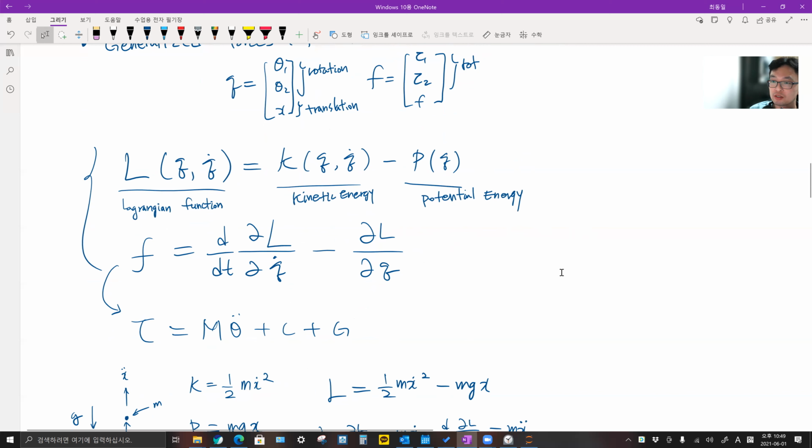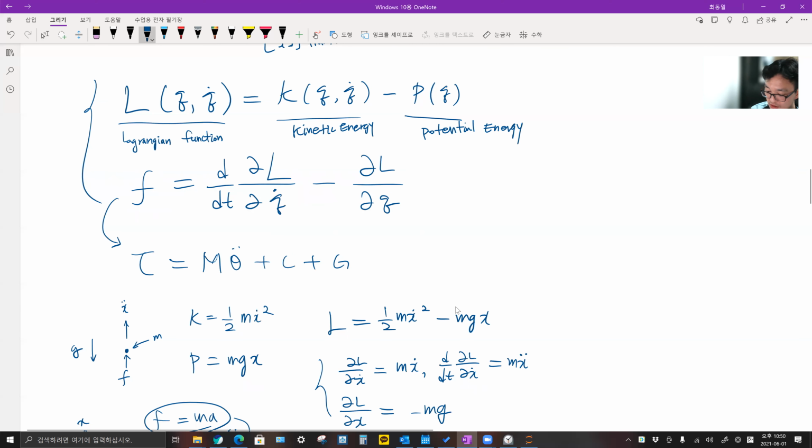So I will briefly introduce this one. Using this Lagrangian function, if we take the partial derivative of L with respect to q dot and then the time derivative again, minus the partial derivative with respect to q, then this becomes F. And this F is the generalized force. So this equation becomes the inverse dynamics equation.